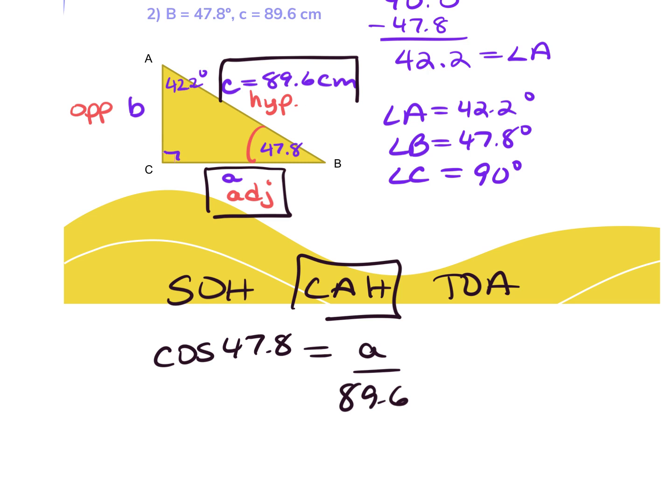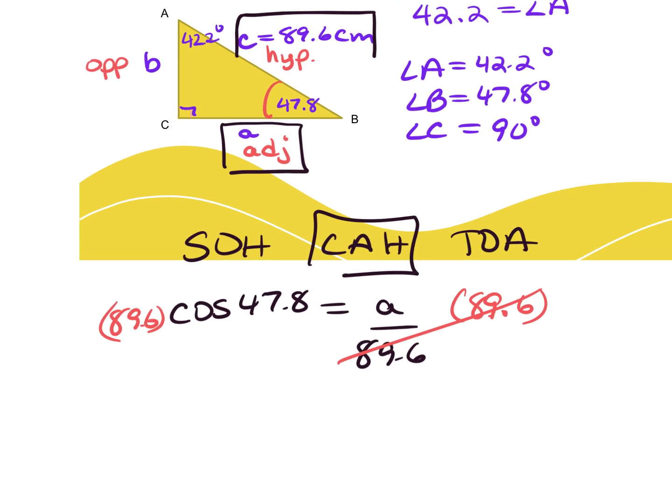And now I need to solve for A. When the variable's in the numerator, all you're really doing is multiplying to solve. So I'm going to multiply both sides by the 89.6. It'll cancel it from there. So now you're going to multiply the cosine of 47.8 times that hypotenuse length, the 89.6, and we're going to round our answer to the tenths place.